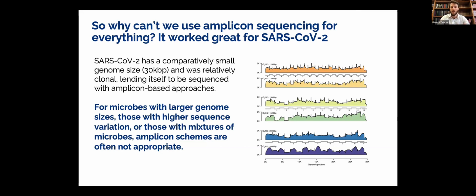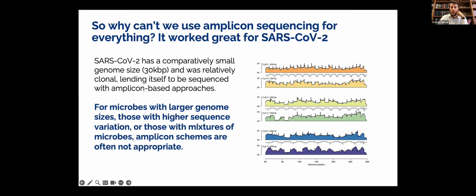And then things that have mixtures of microbes. So if you have a complex sample that might be a mixed infection, or you might look at multiple things within it, an amplicon sequencing scheme is typically not appropriate for that, given that some things might overwhelm lower abundance organisms in a sample.